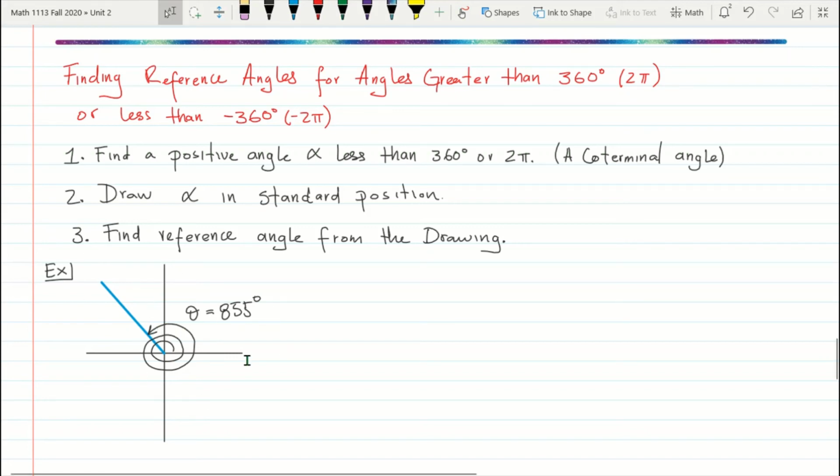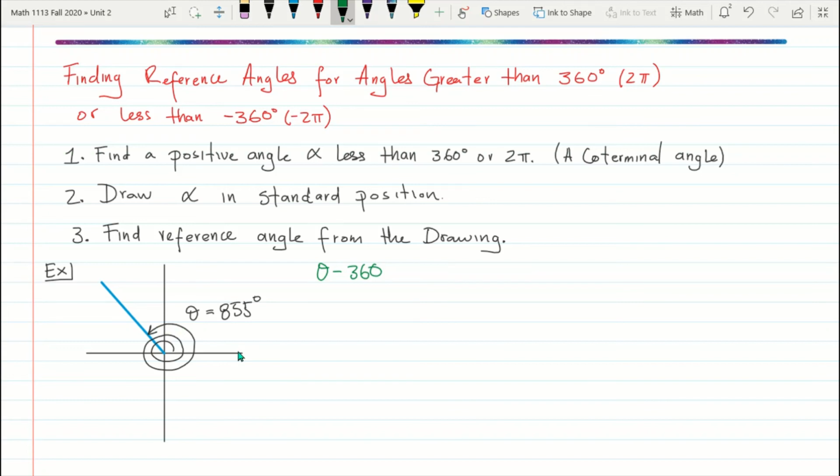So if we have the angle theta equal to 855, what I'm going to do first is theta minus 360, however many times I need to, so that theta is something smaller than 360, something positive, within what we consider one rotation, or just a coterminal angle.